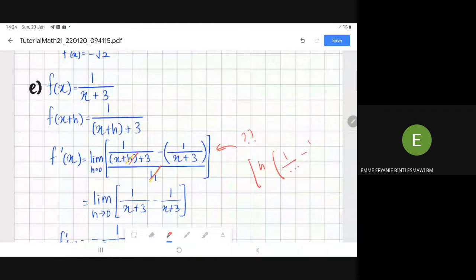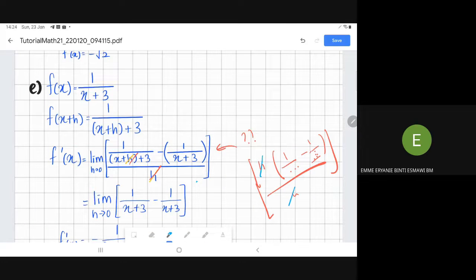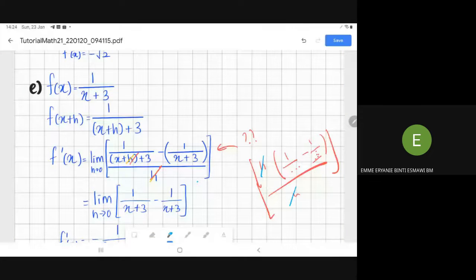Untuk kita cancel H tu, dia mesti H tu dah defactorize dan duduk atas sekali dia seorang. Baru boleh bahagi dengan H kat bawah.